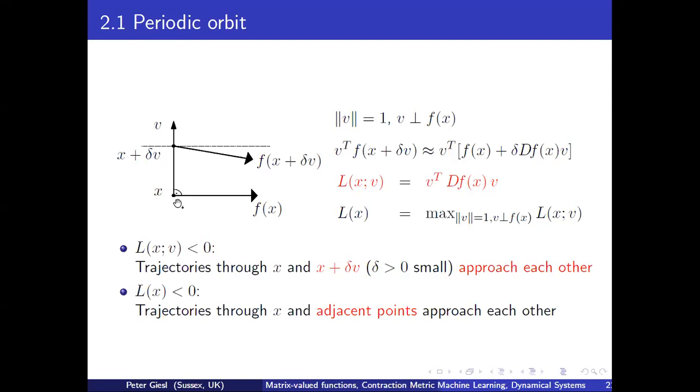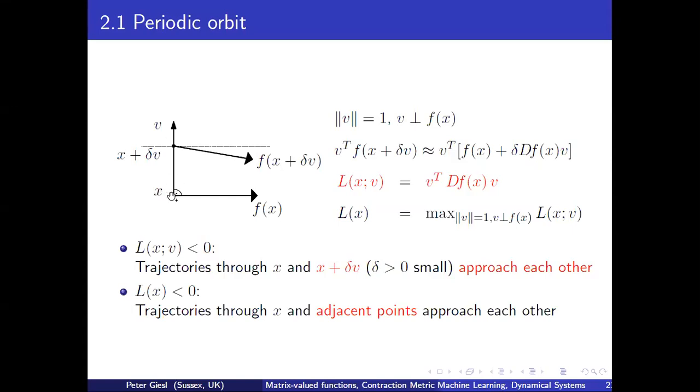So assume you have a point x here, and your solution through x will go in direction f of x, so tangential to this line here. And then what we want to know is what happens if you are close, if you start at the point x plus delta v. Delta is supposed to be small, so we are near x, and v is kind of the direction in which we look for adjacent points. And we will assume that v is perpendicular on f.